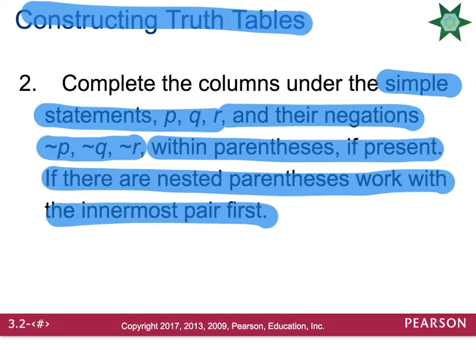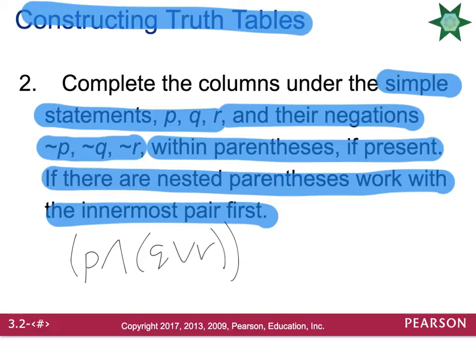By nested, I mean, let's say you have P and (Q or R), with parentheses on the outside as well. We don't really need them there, but these are the outer ones and these are the inner ones, so we do the inner ones first. That's what we mean by nested, pairs of parentheses inside pairs of parentheses. So we do Q or R first, then do P and whatever we got there.